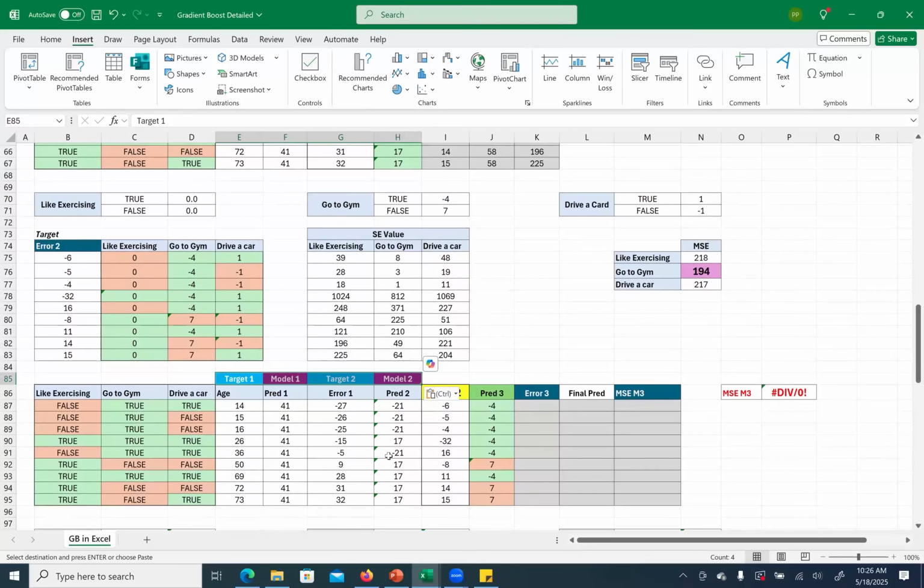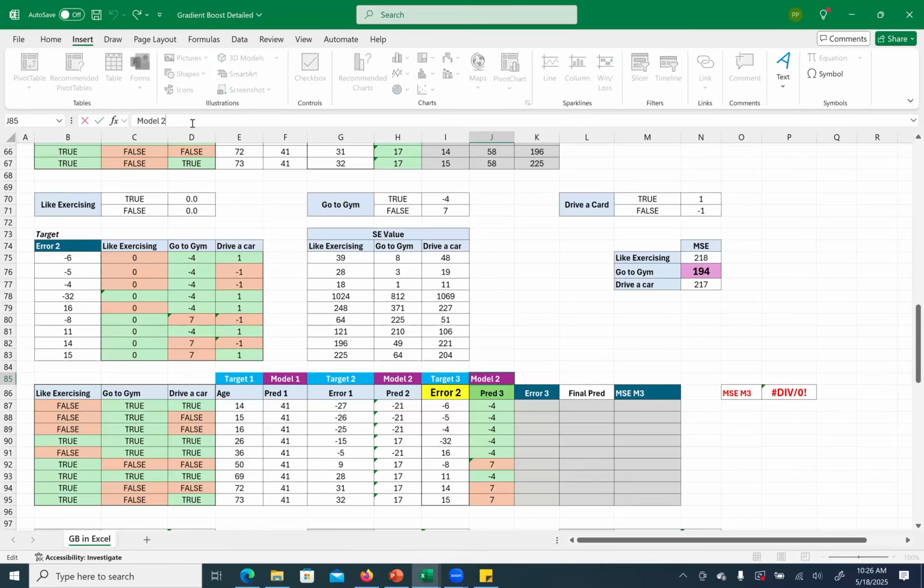Okay. Now error 2 has become my target variable 3. Prediction 3 has become my model number 3. Okay. What is prediction 3? This.